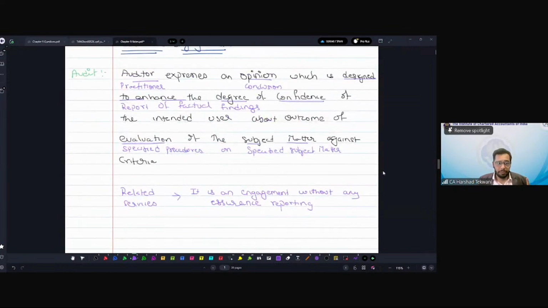That is what it is. Like, management came to you and asked you to please check whether the balance of last year has been carried forward appropriately in the current year. You check the opening and closing. That is an agreed upon procedure, and at the end you will say to management, either this is carried forward appropriately or this is not carried forward appropriately.